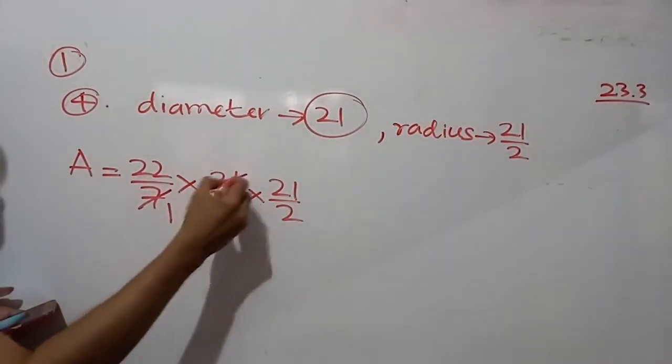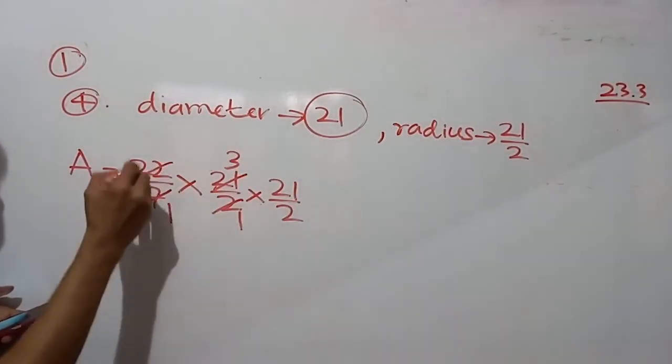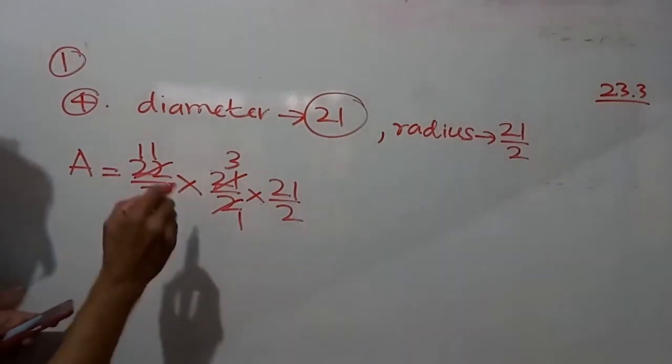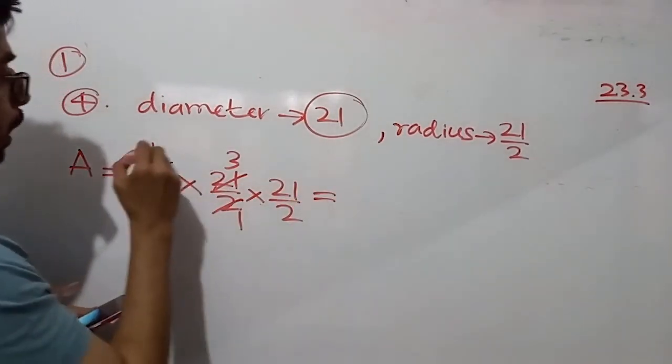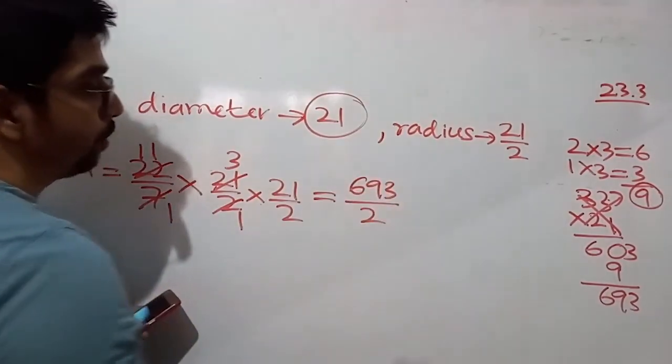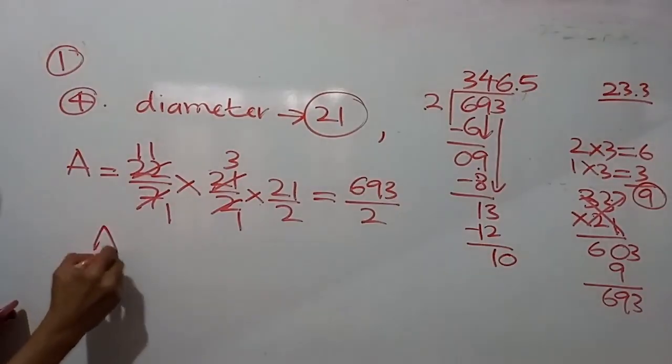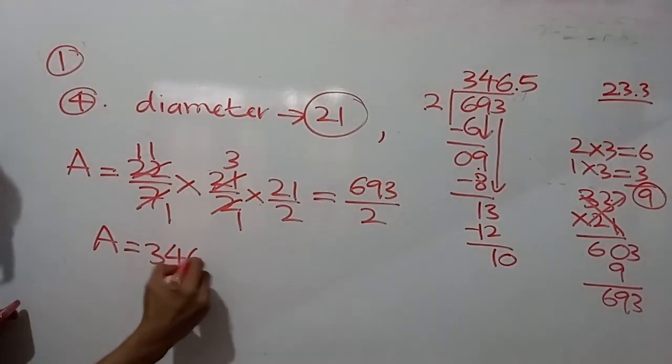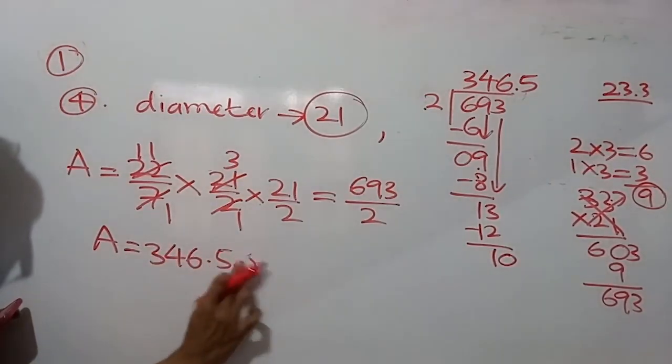So 7 times 1, 7 times 3, 2 times 1, 2 times 11. Then we have 33 into 21, 693. So we will have to divide that by 2. So here the area will be 346.5 square centimeters.